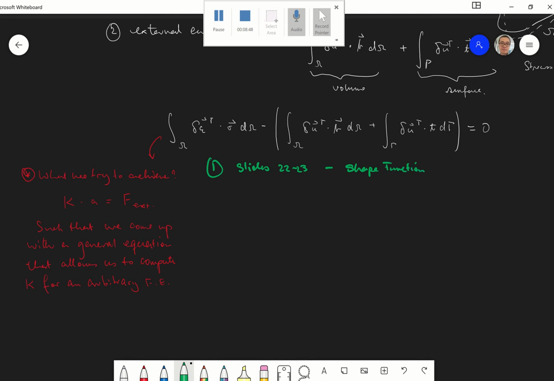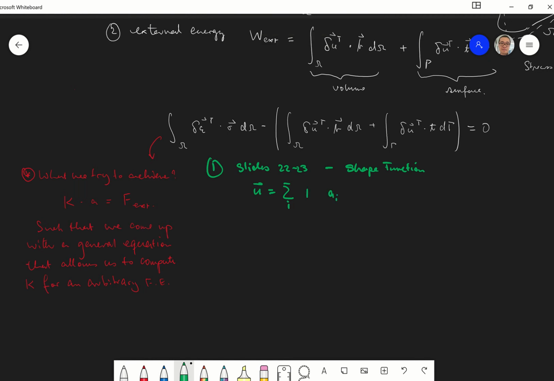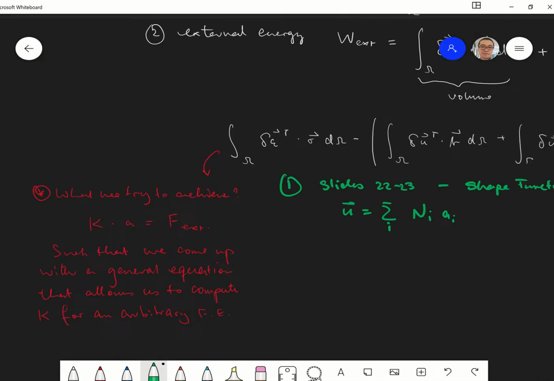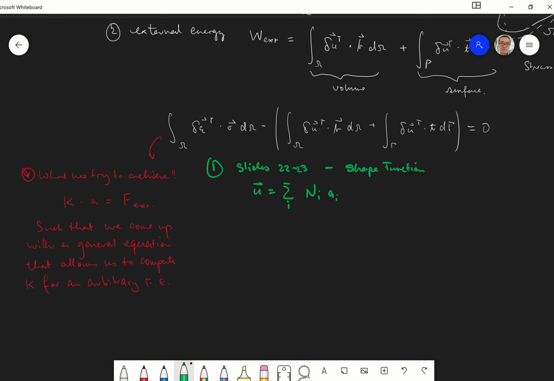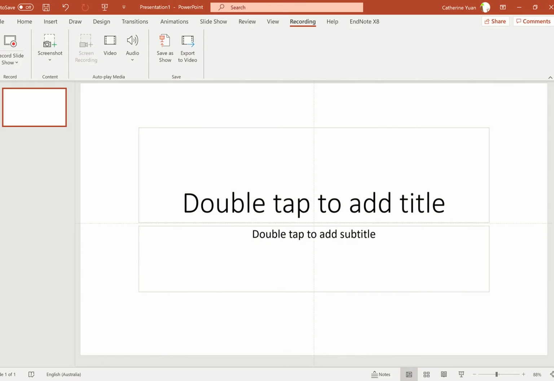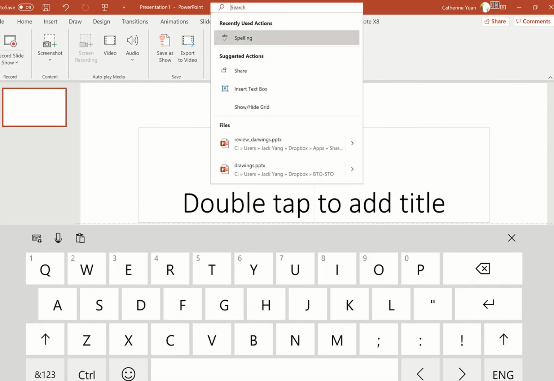That basically says the deformation of the whole body, or deformation of a body with multiple nodes, is equal to the sum of the displacement at each node times something called the shape function.